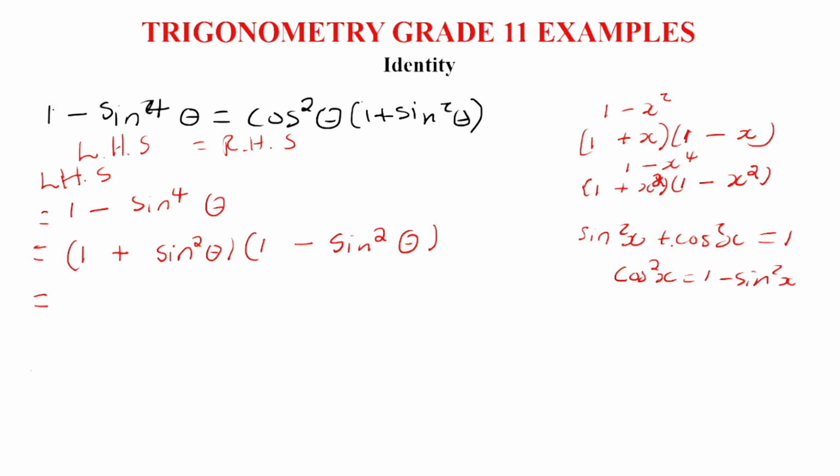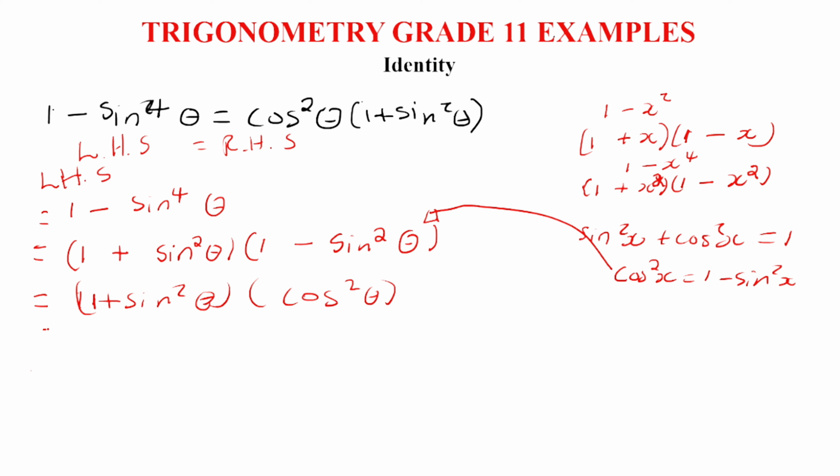This is there in your formula sheet. Therefore, because here we've got 1 minus sine squared, you can take cos squared and substitute it there. So you have 1 plus sine squared theta, and here you would substitute with cos squared theta.